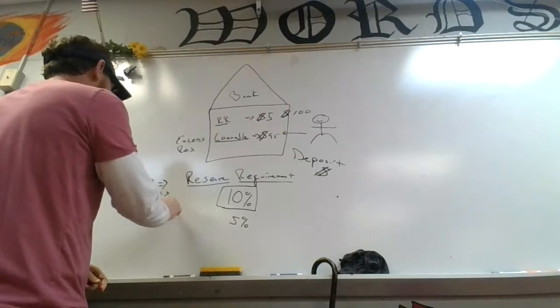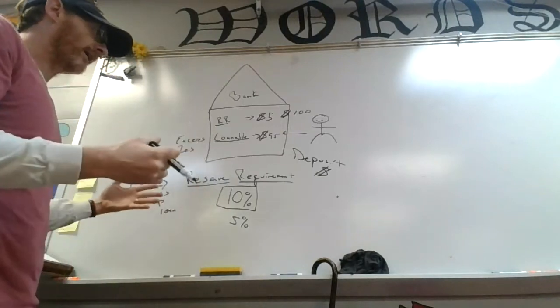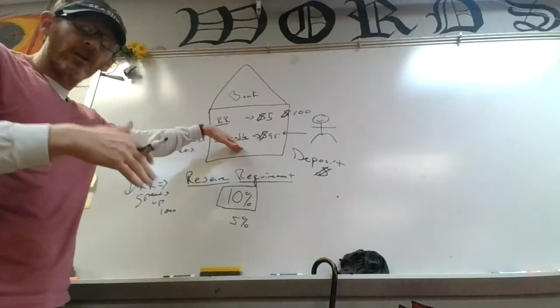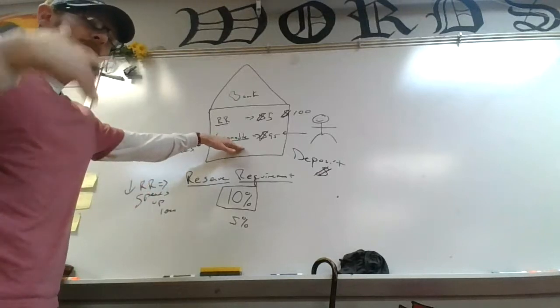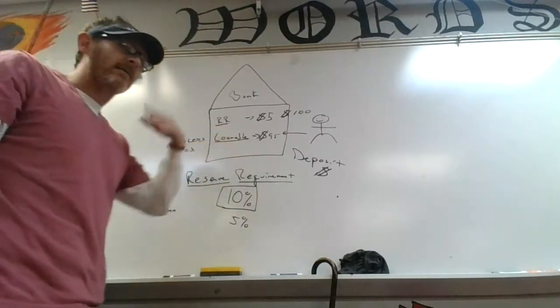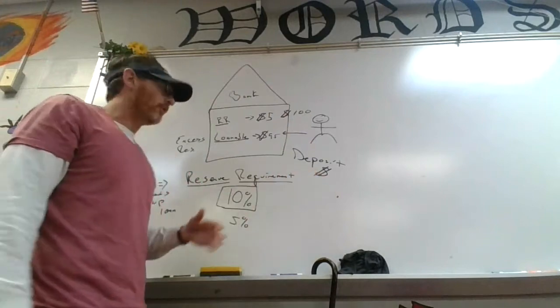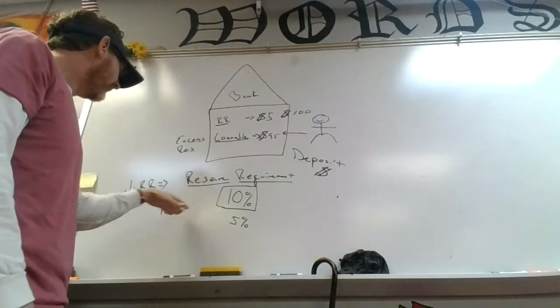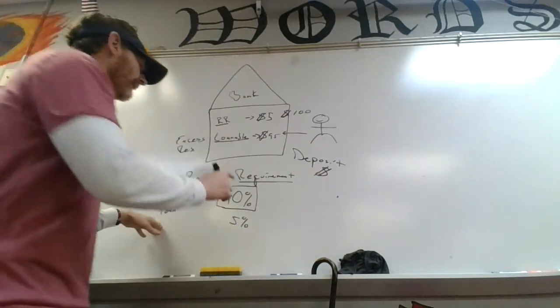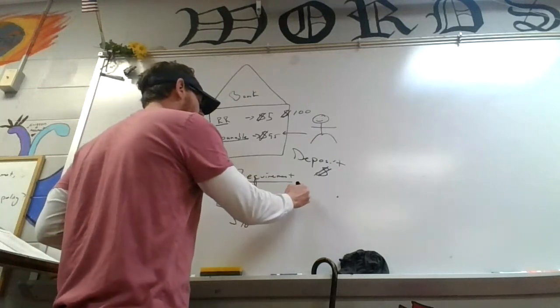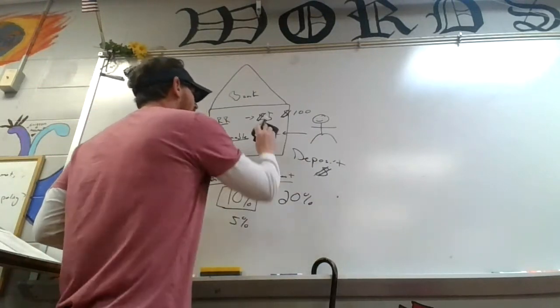So that means it's expansionary, right? The more loans that go out there, the more money is being put out and loaned out, more money is being spent. So the lower the reserve requirement, it's expansionary. Well, let's look at if they make it higher, 20%.